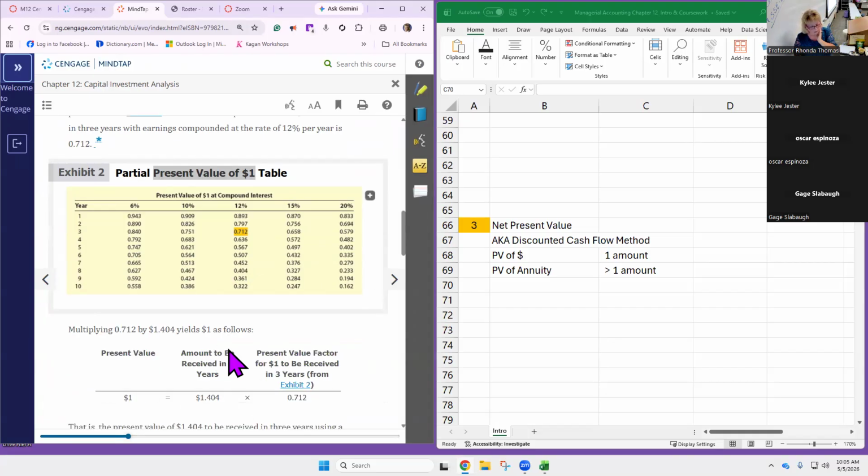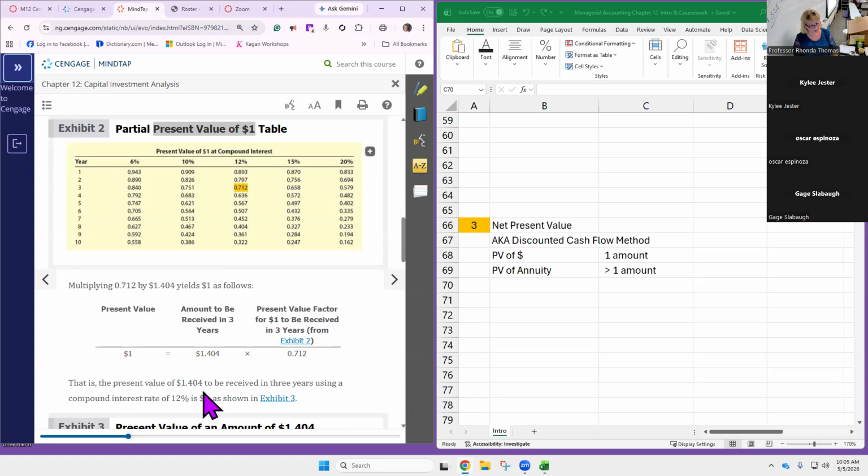So if you had $1 that represented $1 today, this is also called discounting. How much would that present value be discounted?